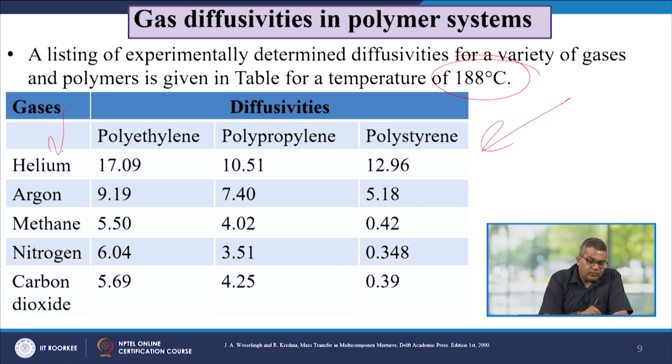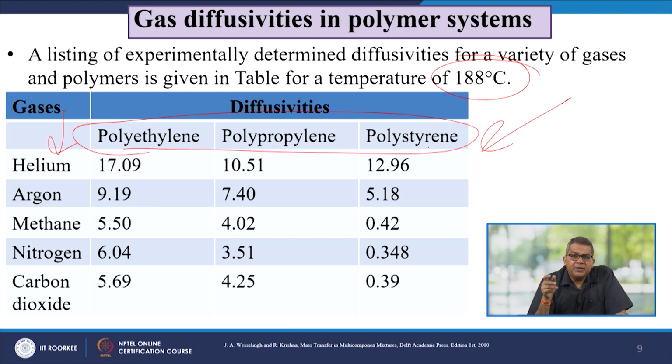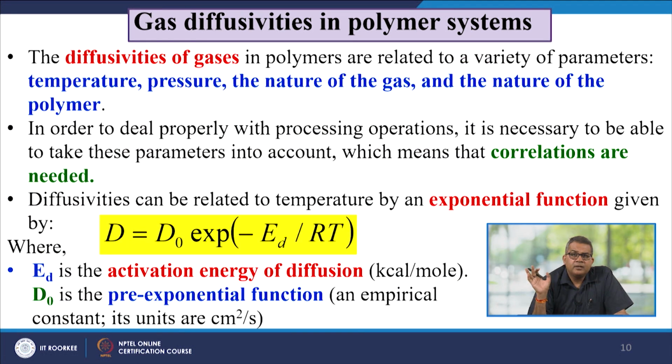Here are the various gases which can be utilized with respect to the polymeric system. There are many polymeric systems, like polyethylene, polypropylene, polystyrene. We have listed helium, argon, methane, nitrogen, carbon dioxide. All the diffusivities are given with respect to three different polymer matrices: polyethylene, polypropylene and polystyrene.